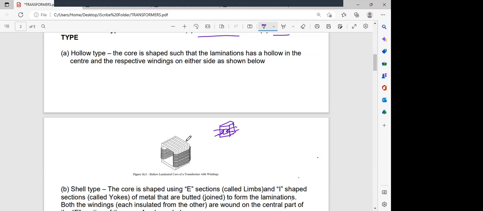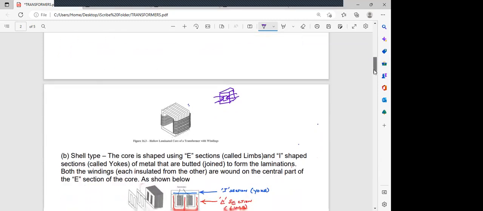So that means there's going to be a current. We will see that as part of a loss called iron core losses, or I squared R losses. And you also have eddy current losses, which we will be taking up a little later. So this is the hollow type of core.